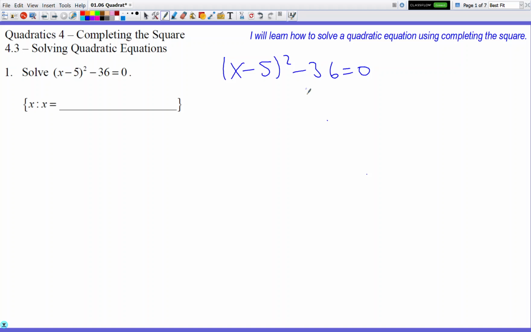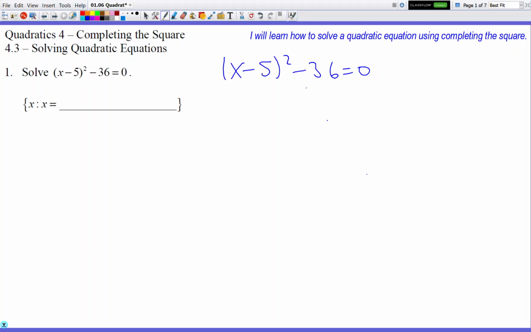But since we're solving for x, let's do it in reverse PEMDAS order. Whatever normally happens last, we deal with first, and whatever we deal with first happens last. So let's do it.